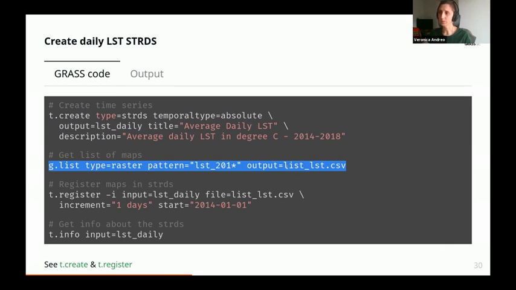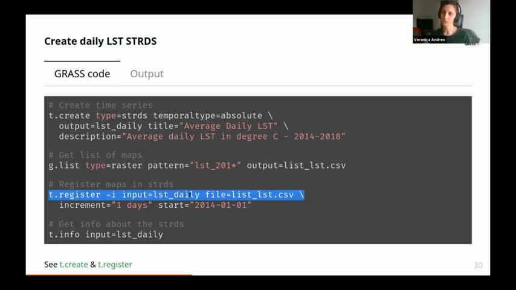We list all the maps that we have in our map set. We create a file with 1 map per new line. And we use this file to assign timestamps to these maps and register them within this table that we created at the beginning with t.create, okay? And here we say this is interval data because each map represents 1 day.